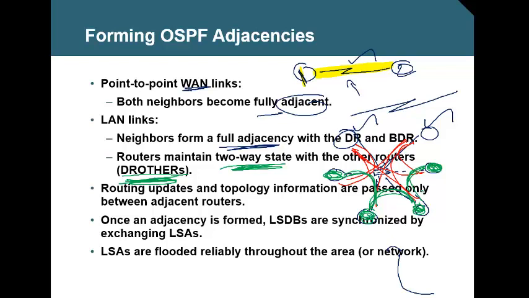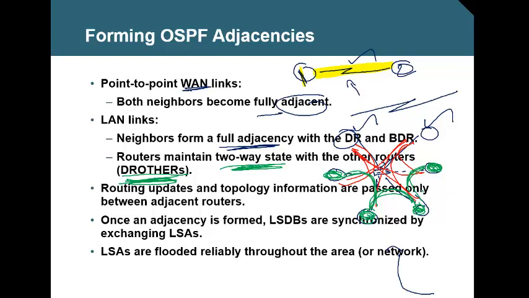Between DR and DR others, between BDR and DR others, there will be a full relationship. But between two DR others, who are DR others? All those routers other than the designated router and backup designated router. They are called DR others.